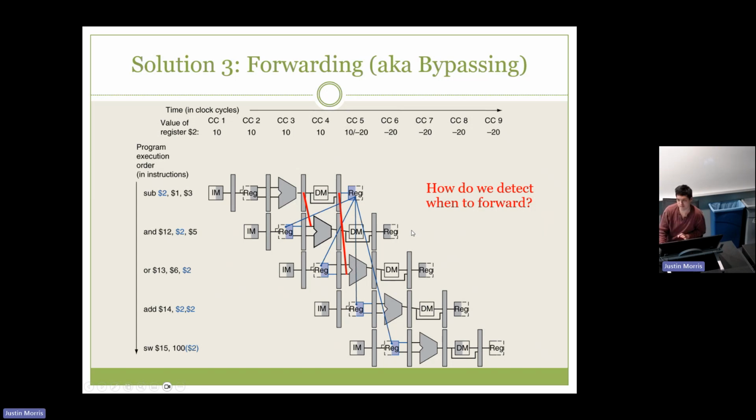Let's just imagine. Then when I'm doing this check, I'm going to read register 2. Both of the instructions in front of me write to register 2. Which one do I take? The second, you mean? The newest value, right?